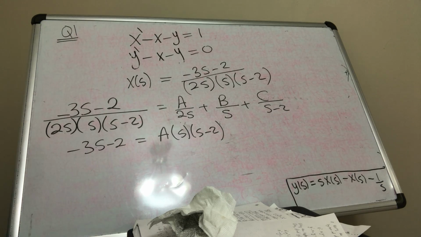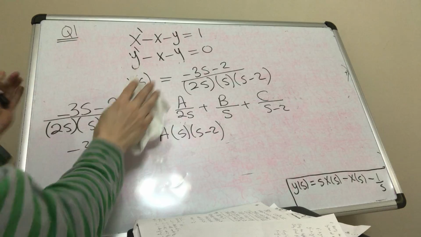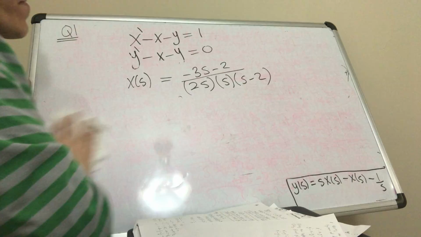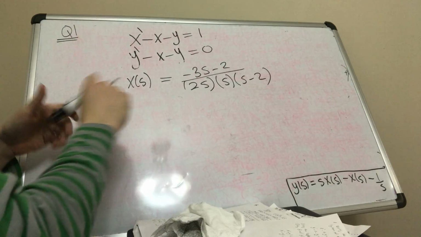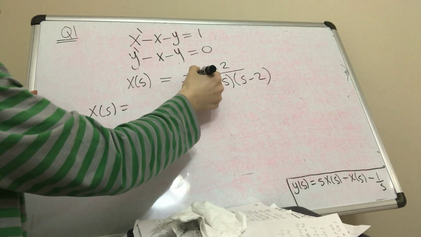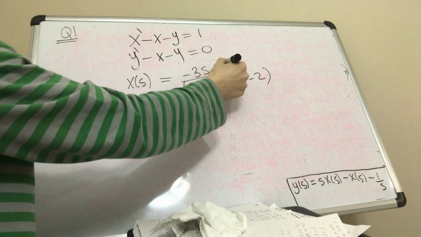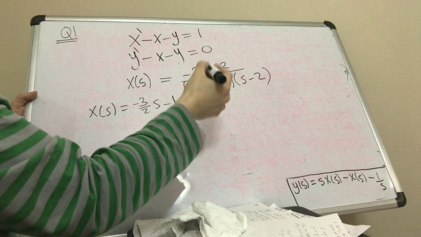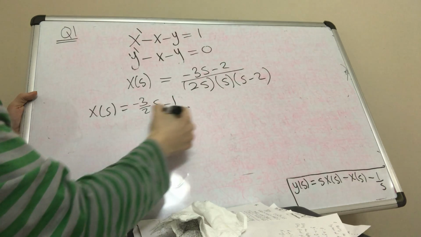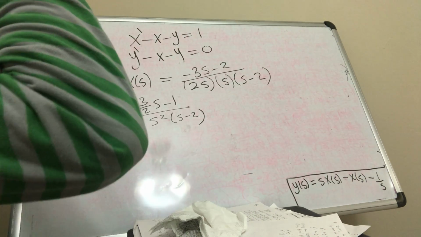I want to change something here, because I just noticed that both of them are S. I'll put the 2 here, so like 3 over 2s, and negative 2 over 2 is minus 1. So at the bottom we have s squared, s minus 2.